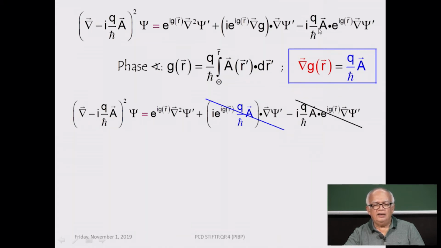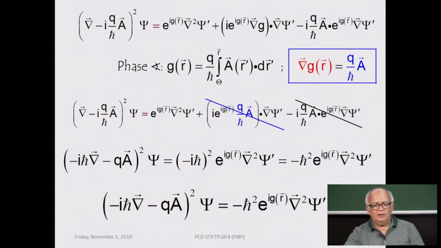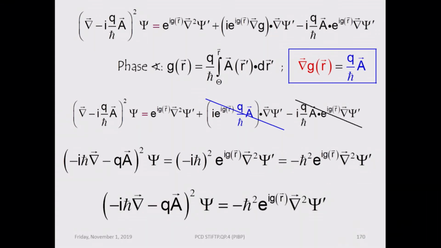I is and everything else is common in both the terms, so you can cancel them, and now you have the left hand side equal to only this term, which is here, which is also equal to this because I square is minus 1, right. So, this is the end result that we get from this operation.